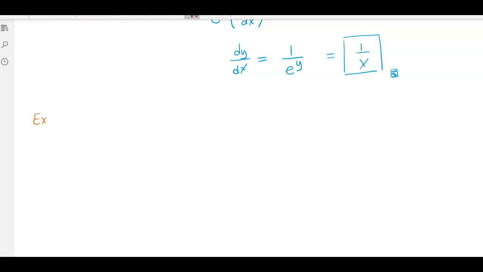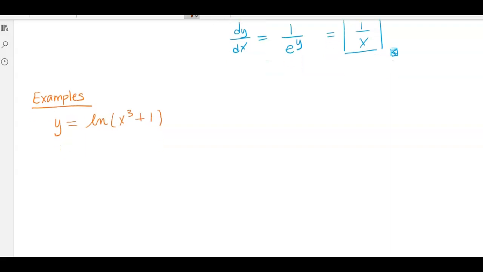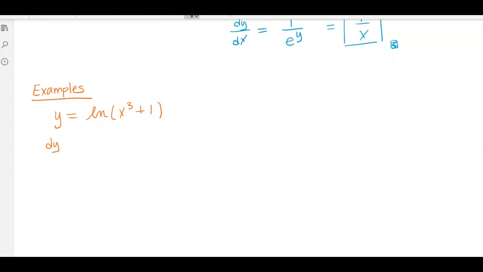So example. Let's let our function be the natural log of x cubed plus 1. When I take the derivative with respect to x, based on the formula, I'm going to create a fraction where this becomes the denominator. So 1 over this.